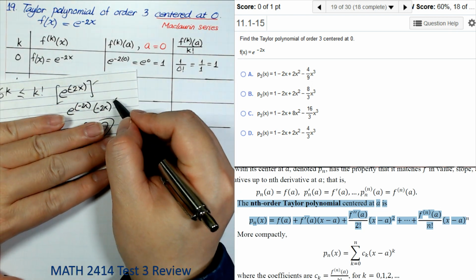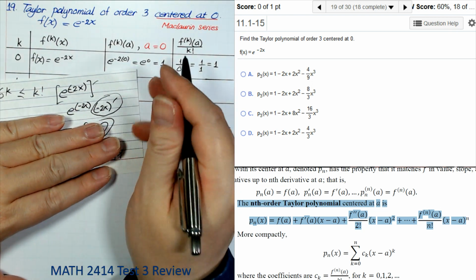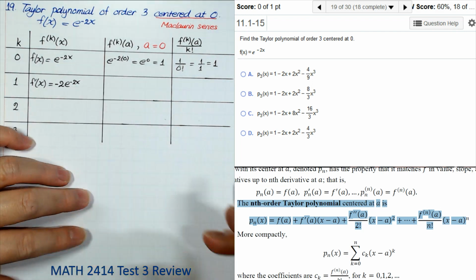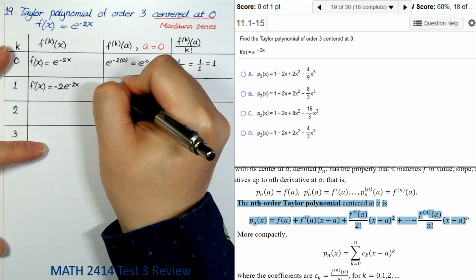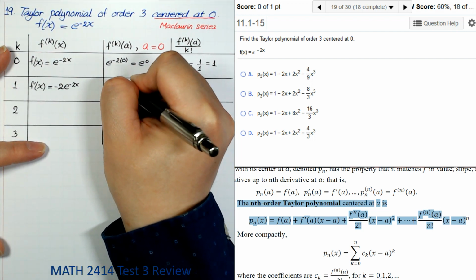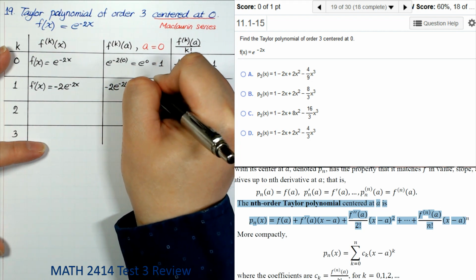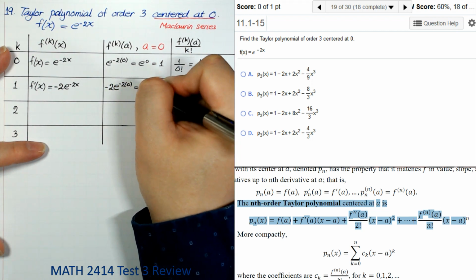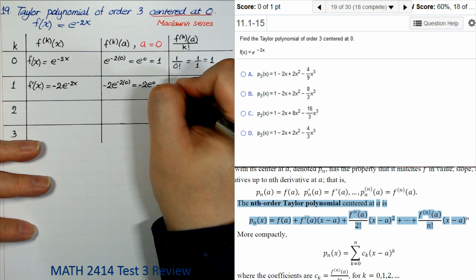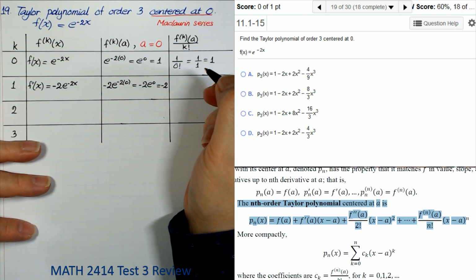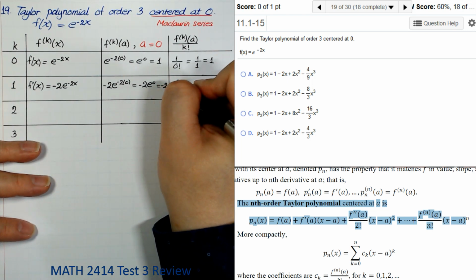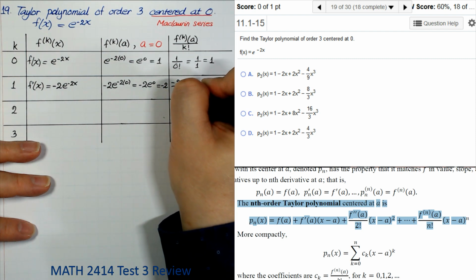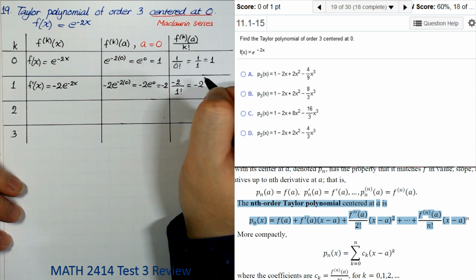And it just happened that the inner derivative is negative 2. So that's why we have this. Negative 2 e to the negative 2 times 0, negative 2 e to the 0. E to the 0 power is 1. So negative 2, divided by 1 factorial is negative 2.